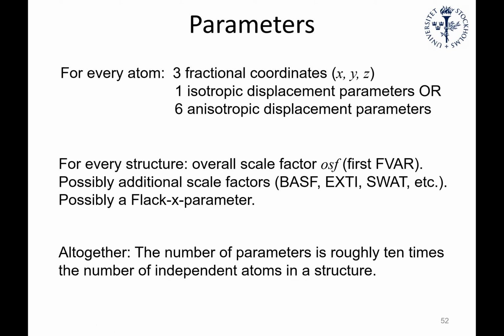So there's quite a few parameters that you have when describing a crystal structure. And all together, you want to have the number of parameters to be roughly about 10 times the number of unique atoms that you have in a crystal structure. That's just a rough rule of thumb.